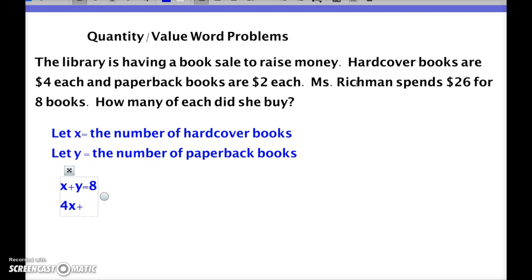So that would be plus 2Y, and that should equal the total amount I spent, or $26. So now we've written the system of equations, and you know how to solve that either by elimination or by substitution. Let's go on to our next problem.